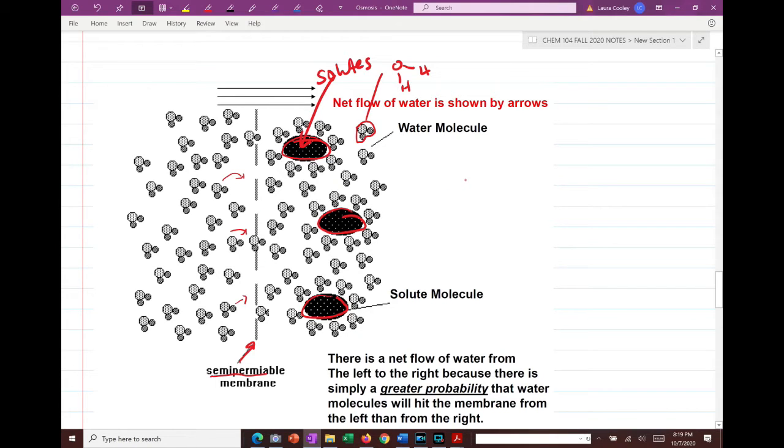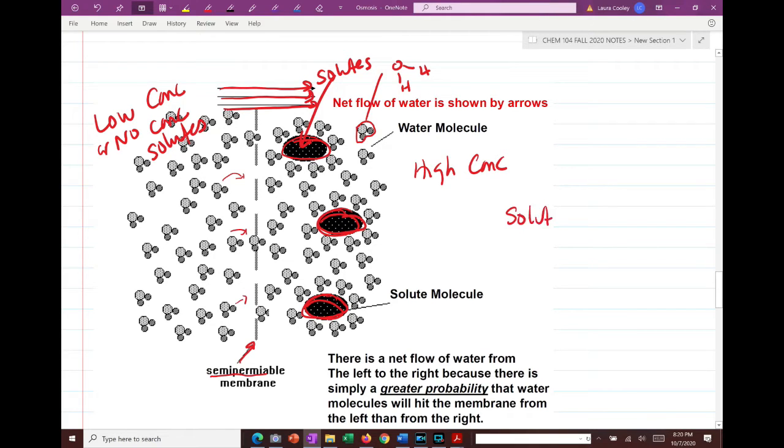So here we have the high concentration on the right, and here we have low or no concentration of solutes. And we have a net flow from left to right, and that's simply because the solute molecules on the right are interfering with the water molecules hitting the membrane.